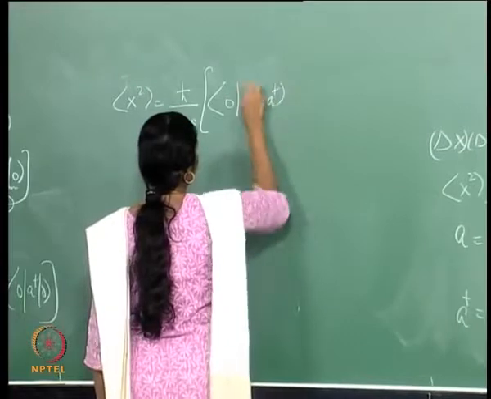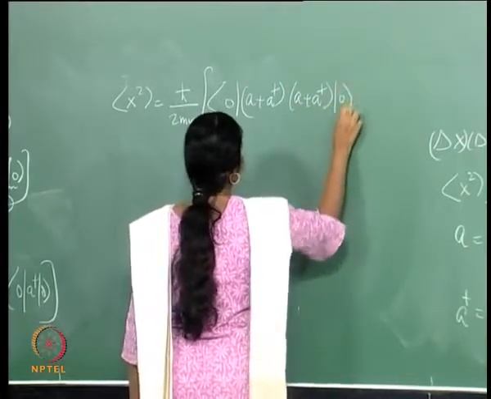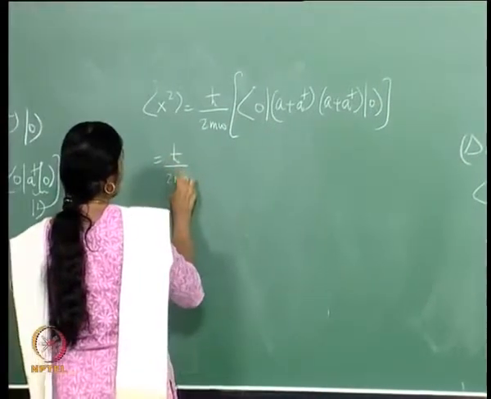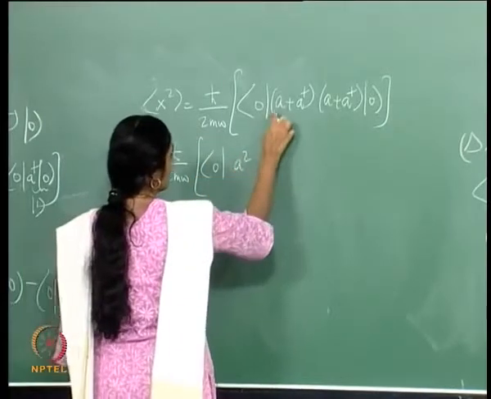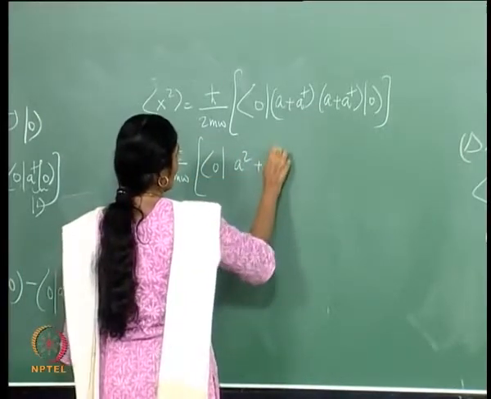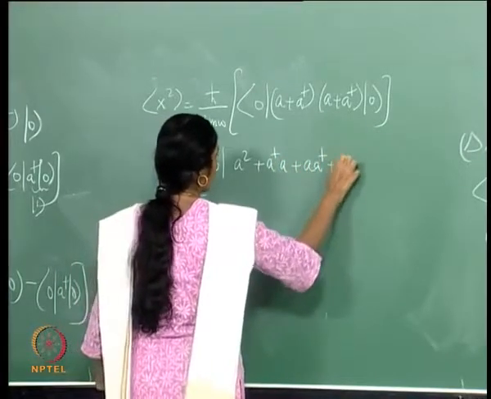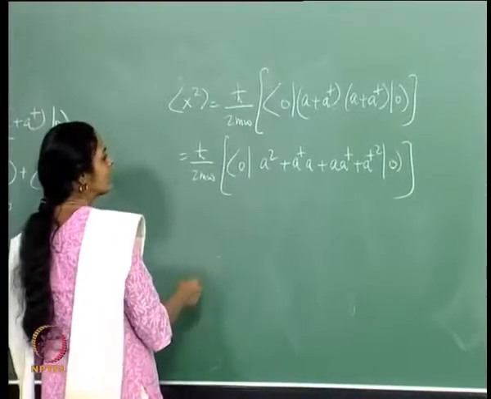I should be careful with the ordering because these are operators. So let us do this carefully term by term. The first term is an a squared in the product, plus an a dagger a, plus an a a dagger, plus a dagger squared, in the state 0. Now look at it term by term.